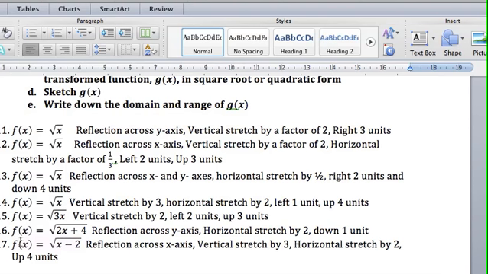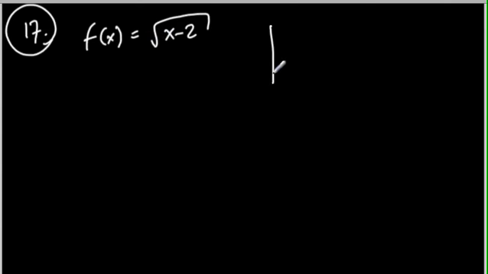Let's try 17, which is, I think, one of the harder ones. Okay, so let's do this. 17, square root of x minus 2. We'll come back to square root of x minus 2. This just means it's translated to the right by 2.